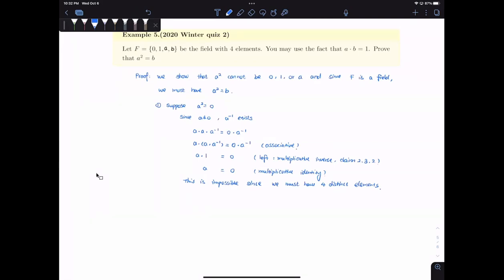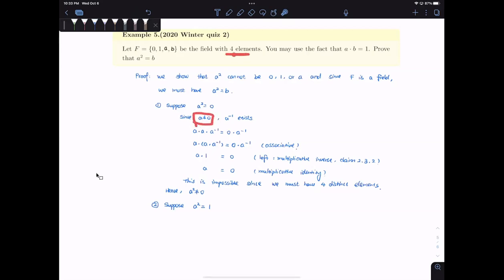Okay, so this is the first case. The second case, so now we know, hence A square is not 0. Second case, suppose A square equals 1. How do we know? Because A is not 0. Why is A not 0?